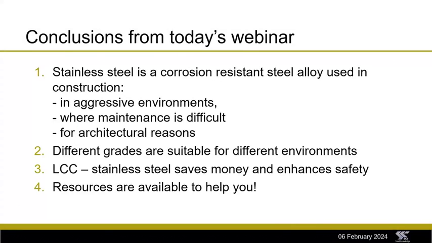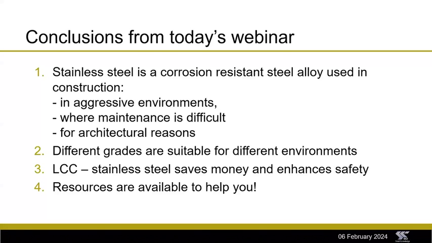Our time's up. I hope I haven't talked too fast. Let me conclude. Stainless steel is a corrosion-resistant family of steel alloys used in construction in aggressive environments where maintenance is difficult, and often for architectural reasons also. It's important that the right alloy is chosen for the particular environment. You don't want to overspecify or underspecify.